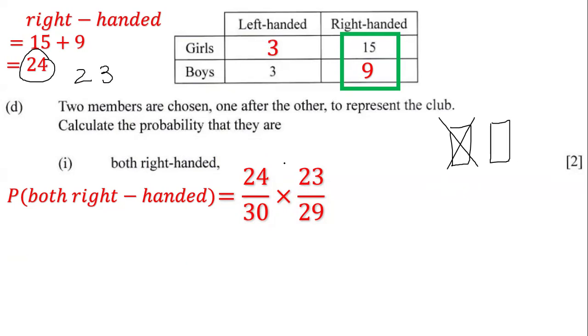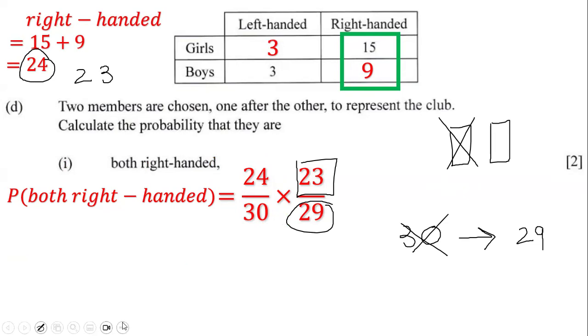So there will be 23 right-handed people left to choose from. The same thing is true of 30. After you already choose that right-handed person, it wouldn't be 30 people to choose from in general. You would only have to choose from 29 persons because the first person would have already been selected. All right, so it's going to be 29 at the bottom.